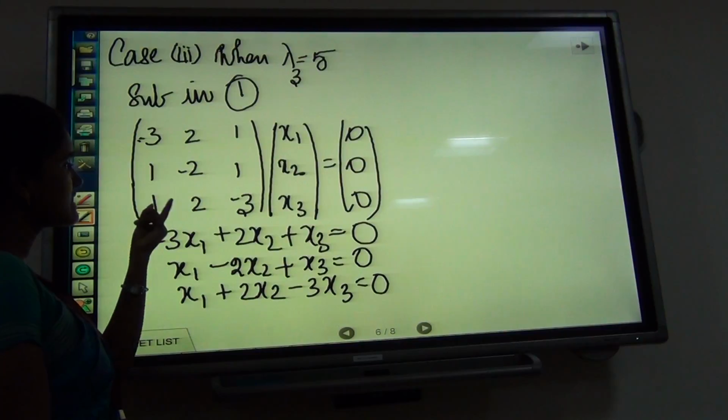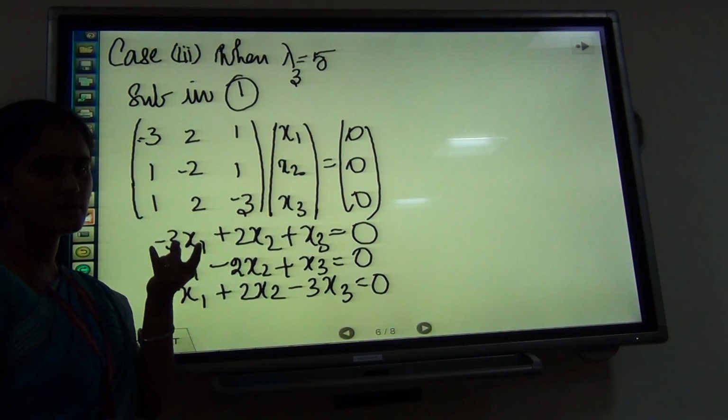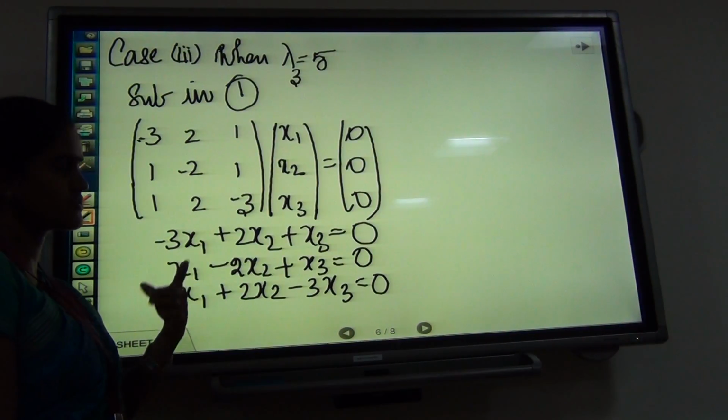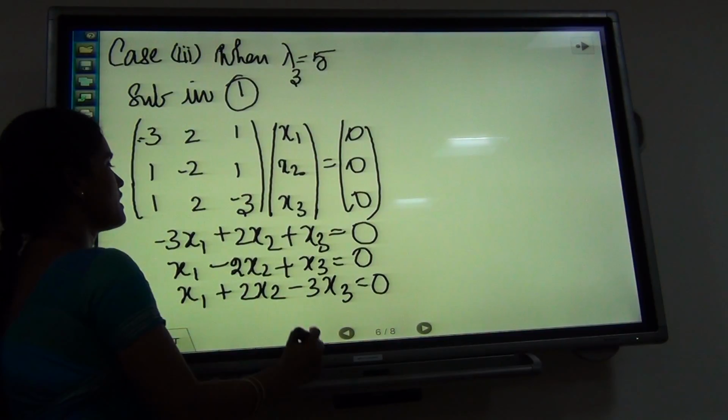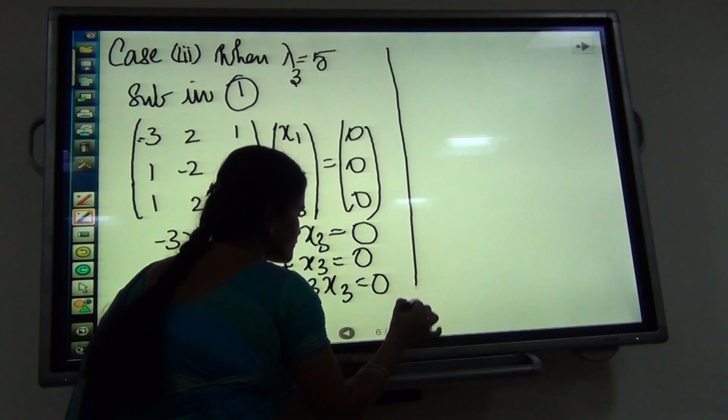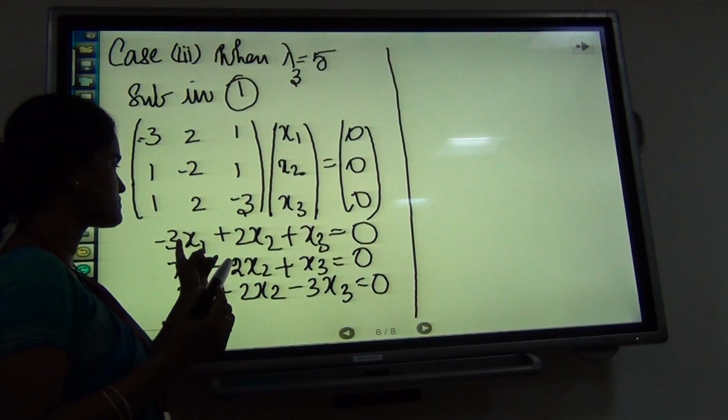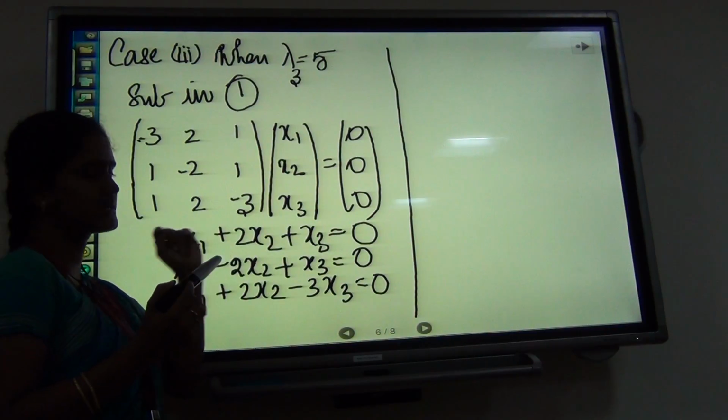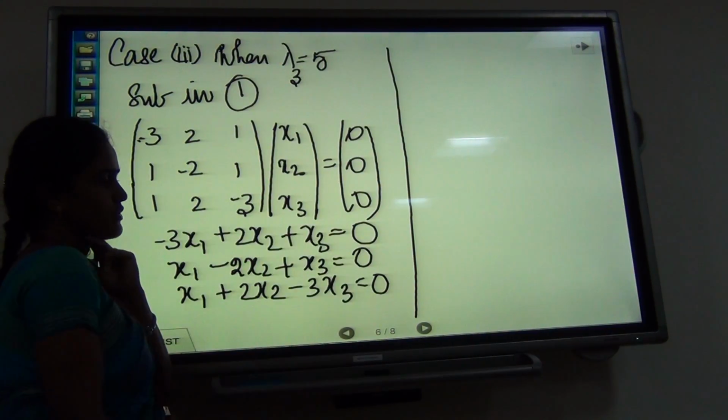Whereas in the previous case we found three equations are same, so we wrote one equation, here it is different. Now how do we find the values of small x1, x2, x3? By solving these three equations.